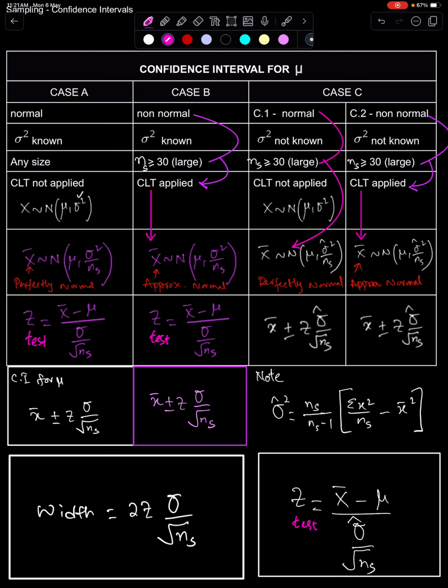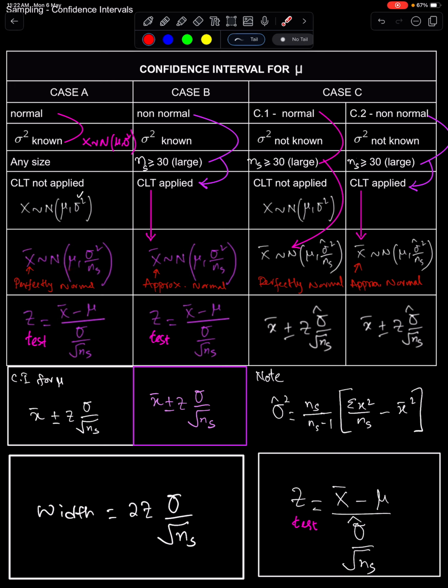This means x is normal with mean mu and sigma square. So if there are these two things, normal population and sigma square known, then for any sample size, x bar is perfectly normal. X bar is normal with mean mu and variance sigma square upon n.